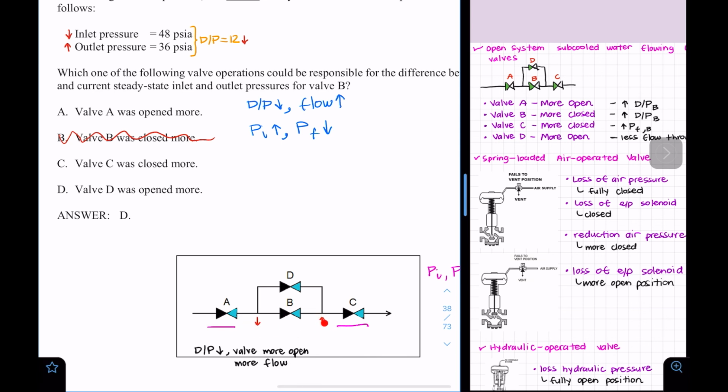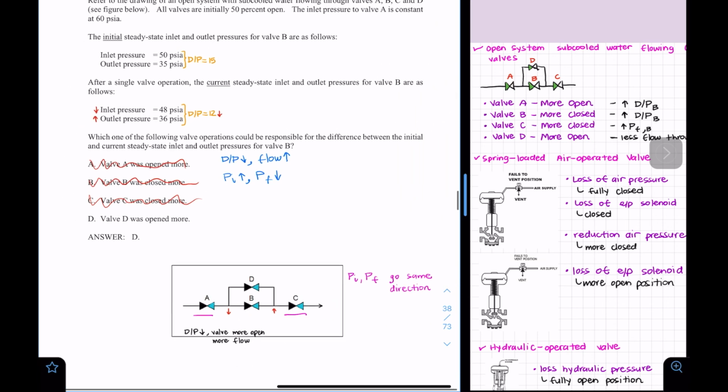But they go in different directions. If either valve A or valve C would have been more open, in reality, this one would have gone the same direction, but it's not the case. So I know that valve A and C are not the answer. So now the only answer that I have is gonna be D. It's gonna be that this valve, valve B, was open more. And that's actually gonna be my right answer for this one.